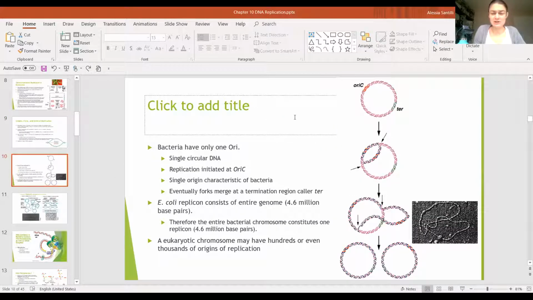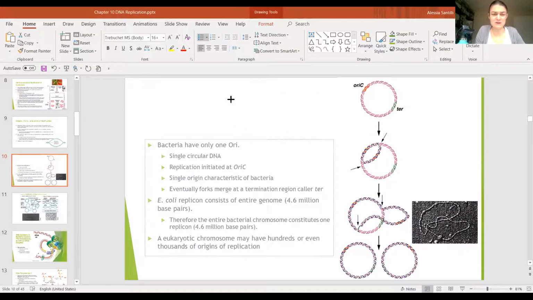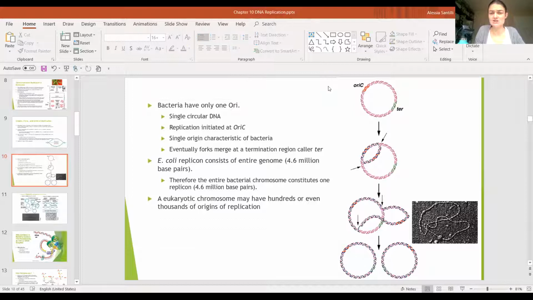So if we see here, bacteria have one ORI. We've talked about this already. Bacteria have circular chromosomes. So if they have one ORI, you open this up, you have two replication forks because of that bidirectional replication, and one replication proceeds one way, to the right, and the other replication proceeds the other way, to the left, until we replicate our DNA all the way until we get to that end point.